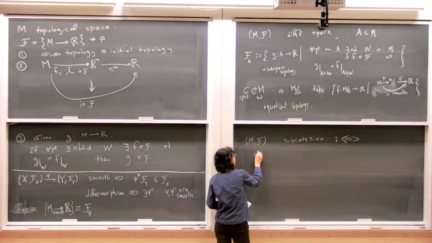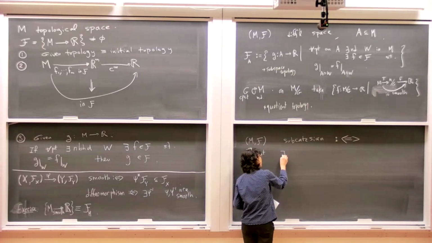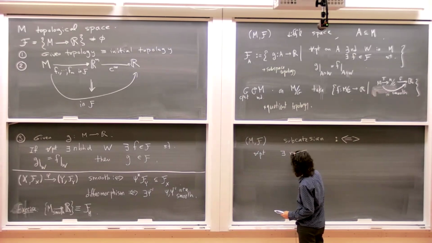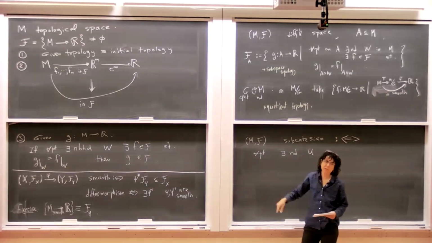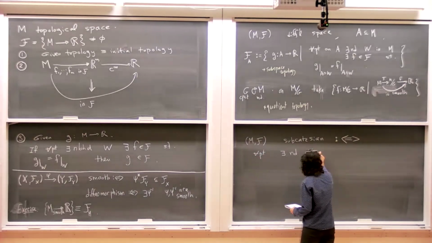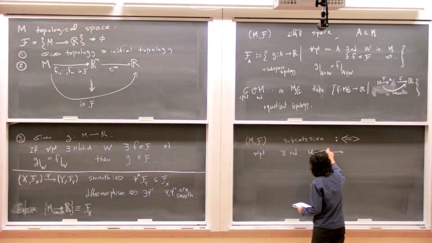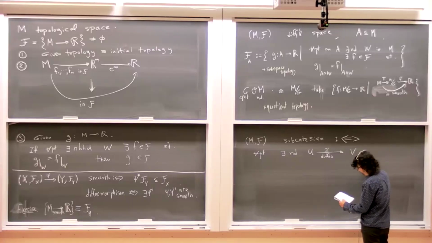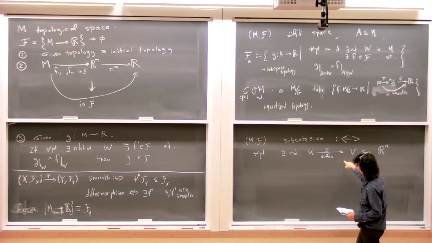For each point in M, there exists a neighborhood U, if you wish, an open neighborhood with respect to the given topology of M. And this neighborhood is diffeomorphic to some arbitrary subset of Rn.